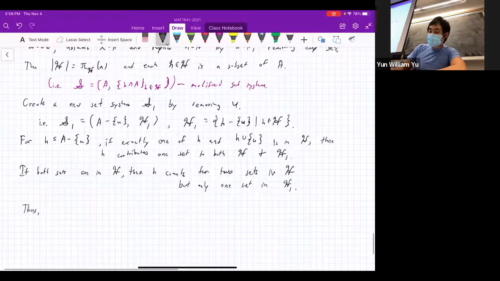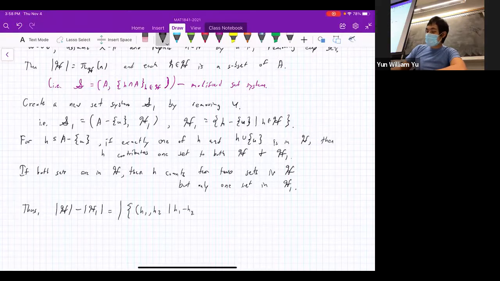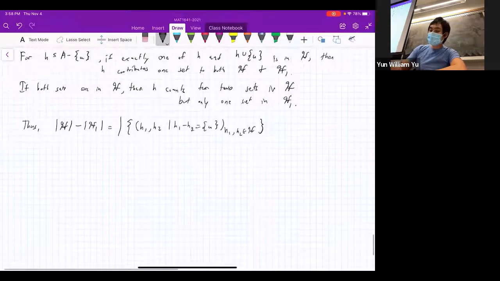Plus, we know that the size of H minus the size of H1 is equal to the set of pairs h1 and h2 in H such that h1 minus h2 is equal to u. So these are pairs of sets that differ only by u.